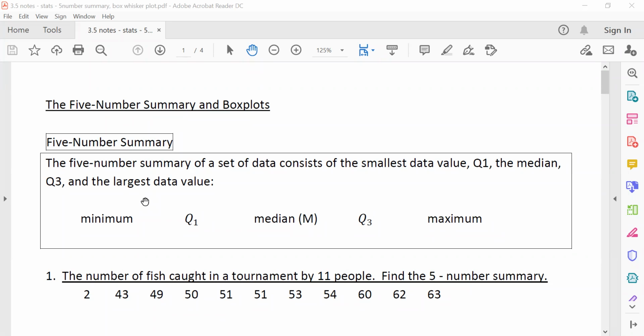Last time we talked about the 5-number summary and how we take quartiles. This time we're going to finish all that up and show a really nice visual display called the box plot, which is used quite a bit in these sorts of things.